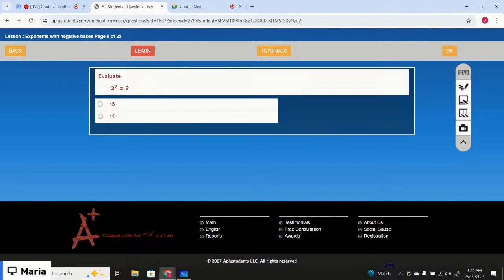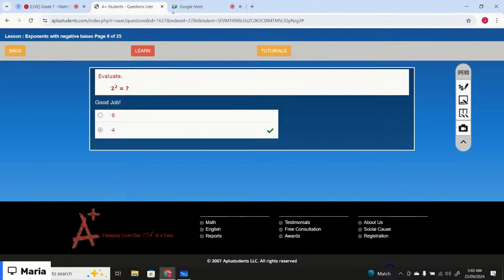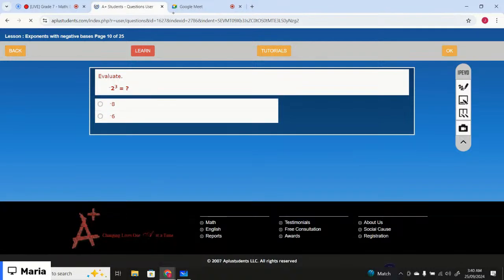The next one is negative 2 square, which is the correct option? That is negative 4. Option number 2 is the correct option. Okay, you can complete the lesson by yourself later today.